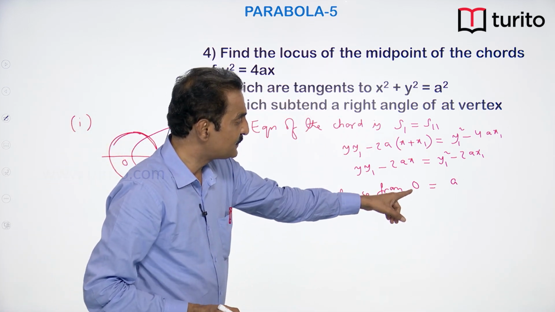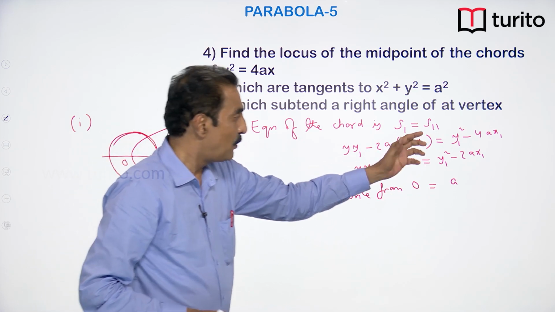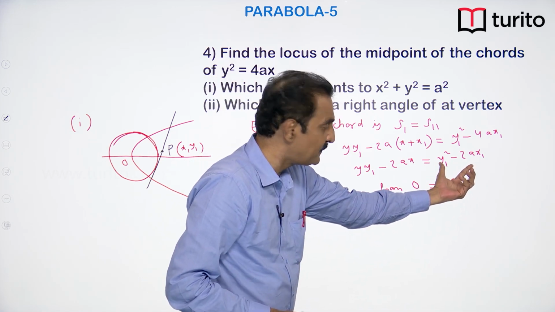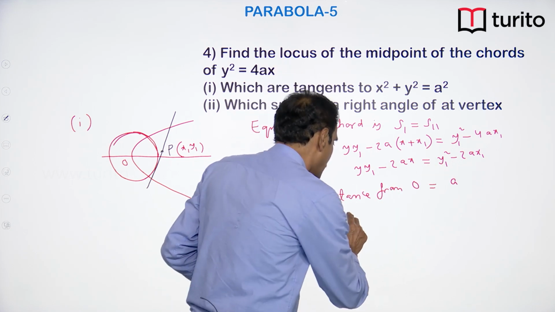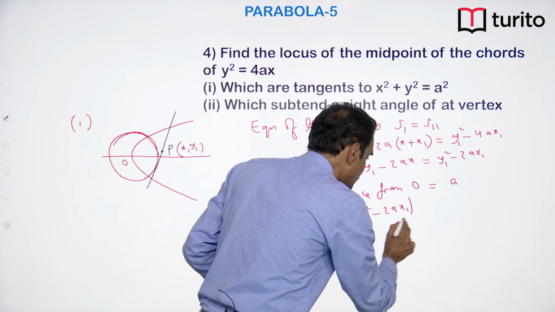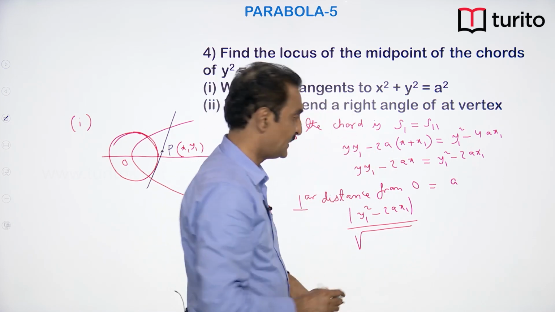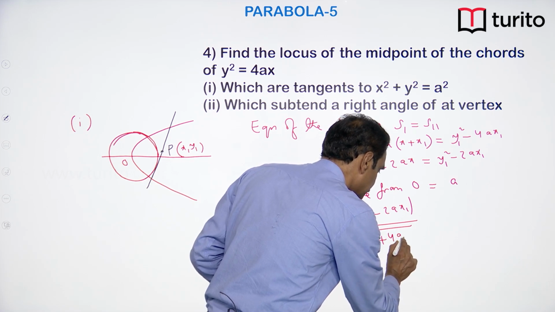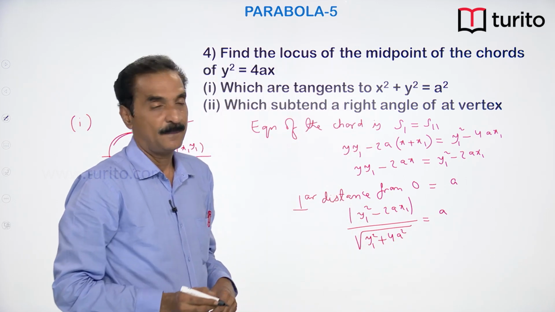What is the perpendicular distance from the origin to this line? All of you know the formula for perpendicular distance from the origin. Mod c by root a square plus b square. Mod c means the term independent of x and y. This one. Mod y1 square minus 2ax1 by root over y1 square plus 4a square should be equal to a.